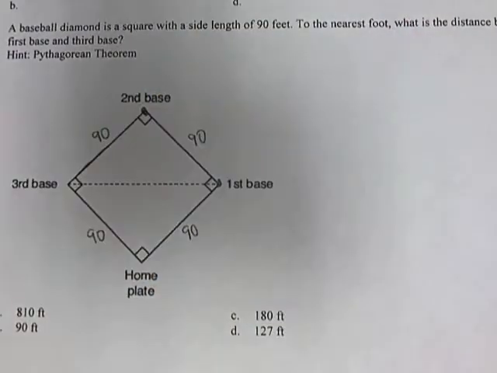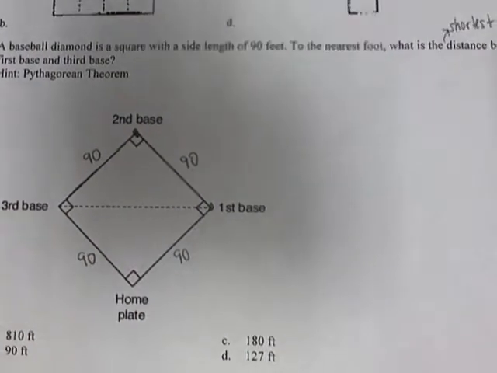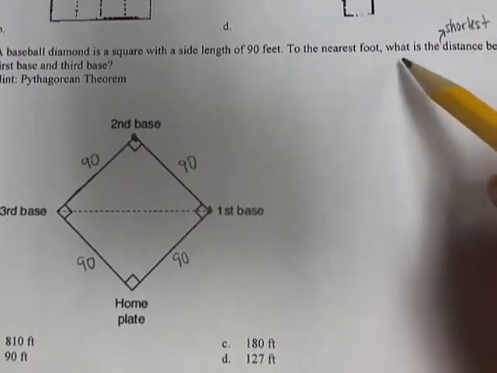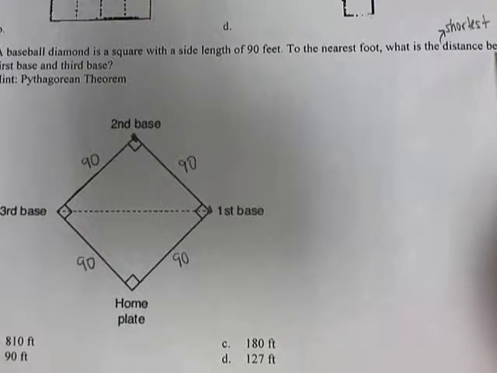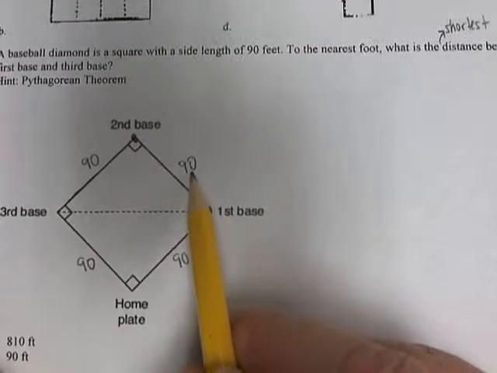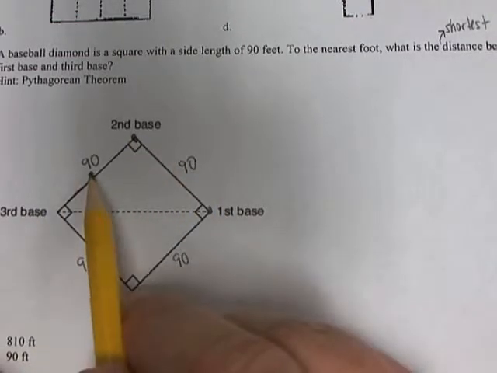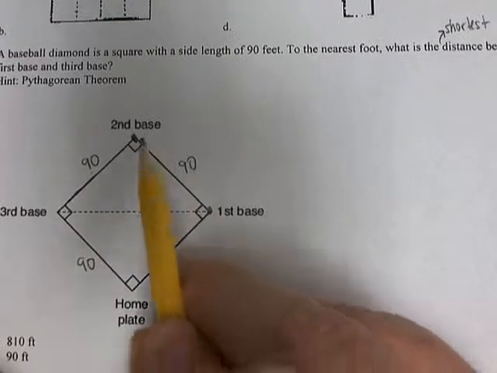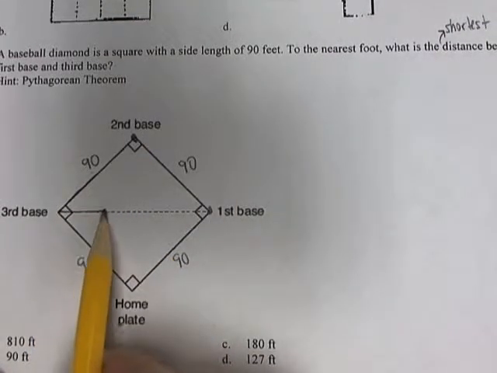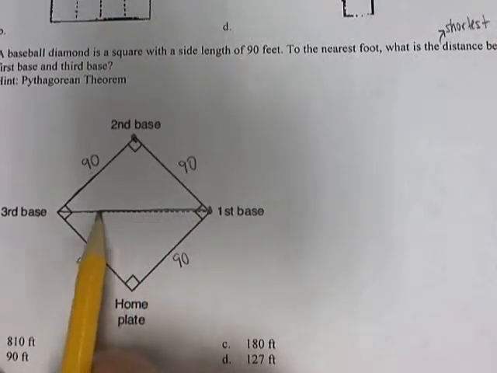So we need to reword this problem. What is the shortest distance between first base and third base? So we know that from first to second base it's 90 feet. From second base to third base it's 90 feet. So that's not the shortest distance to take. The shortest distance to go from first to third base would be this line right here.